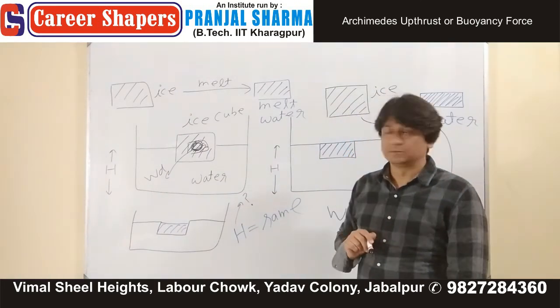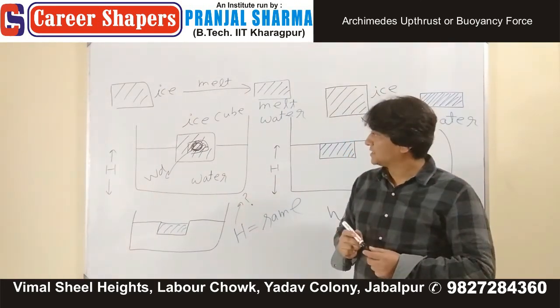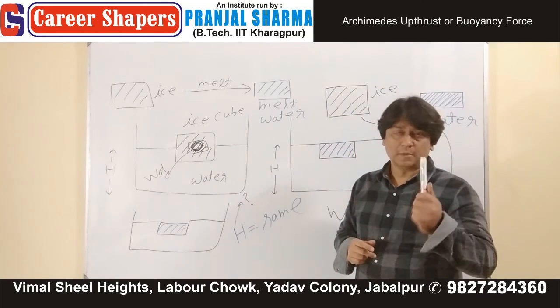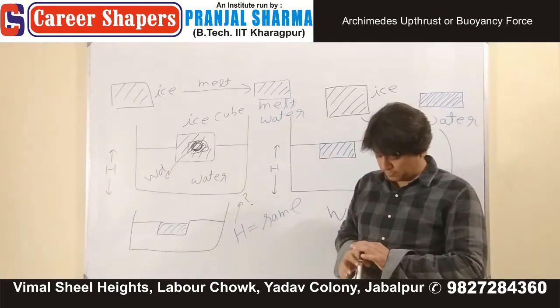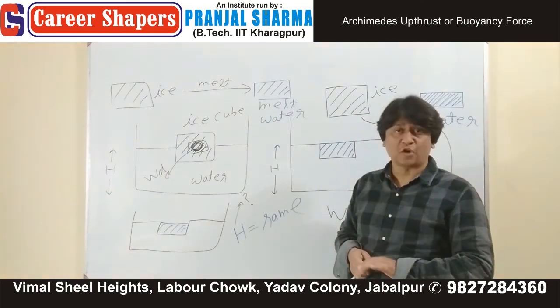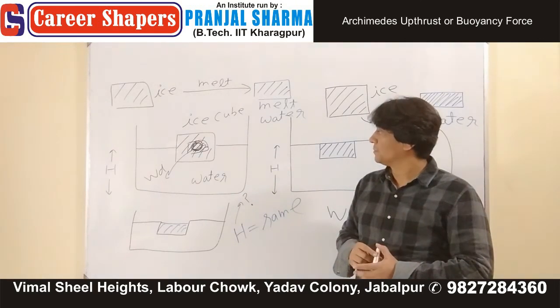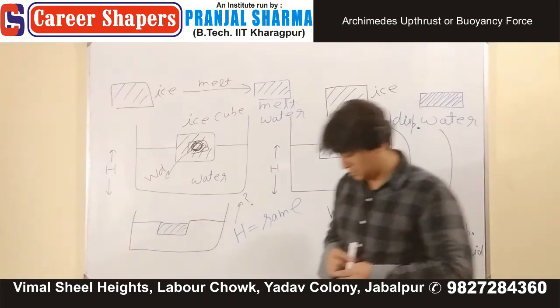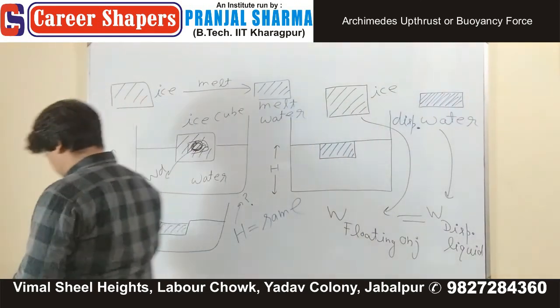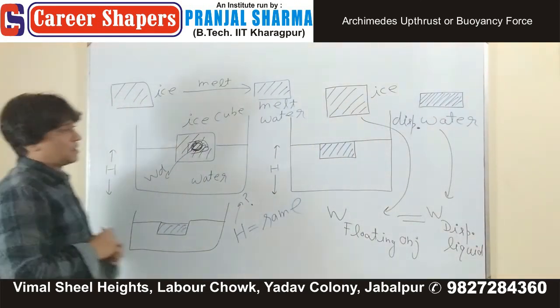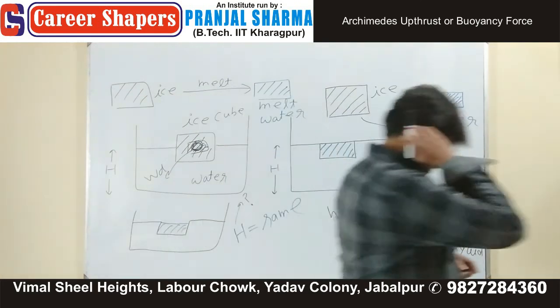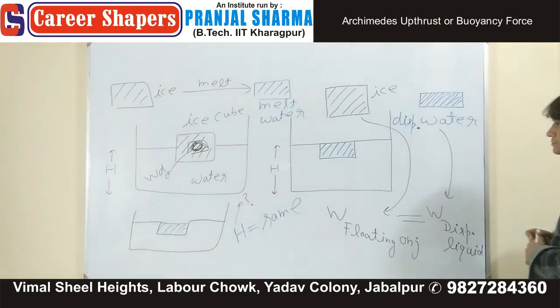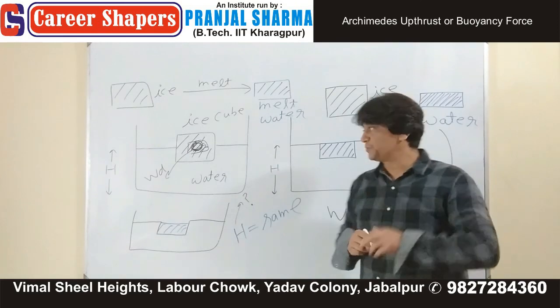First question. Write down this. Inside the ice cube, there is a piece of wood. What happens to water level when ice melts? This is first part.